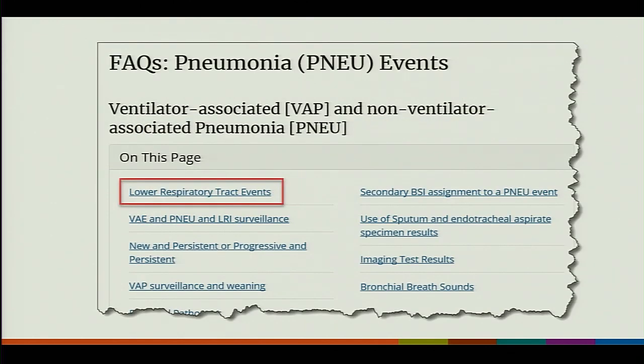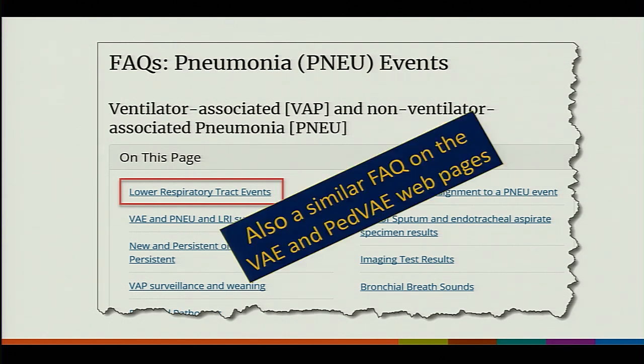Okay. Now, if you didn't capture all that, or if I confused you, you can go to the pneumonia FAQ location on the pneumonia website. There is a specific FAQ that deals with what events are available for lower respiratory tract infections and when they can be used, when they can't be used, in plan, off plan, secondary BSI.